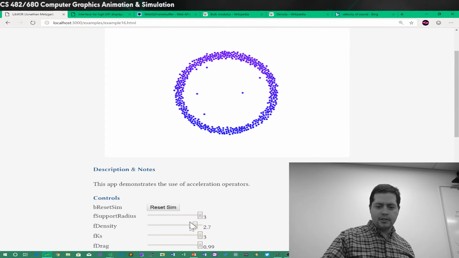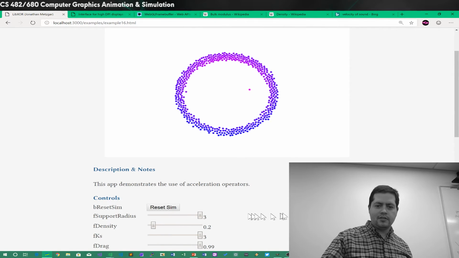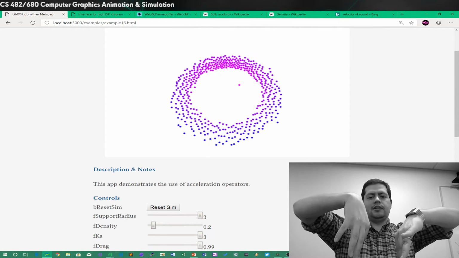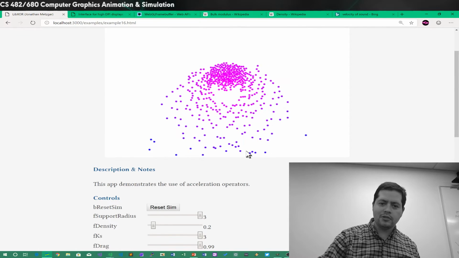I think it more or less happens if density is greater than 1. Then if I turn the density down, so you basically have a circle here, and if I turn the density down to less than 1, then it's going to enfold in on itself, and all these particles down here are going to form this little half circle.